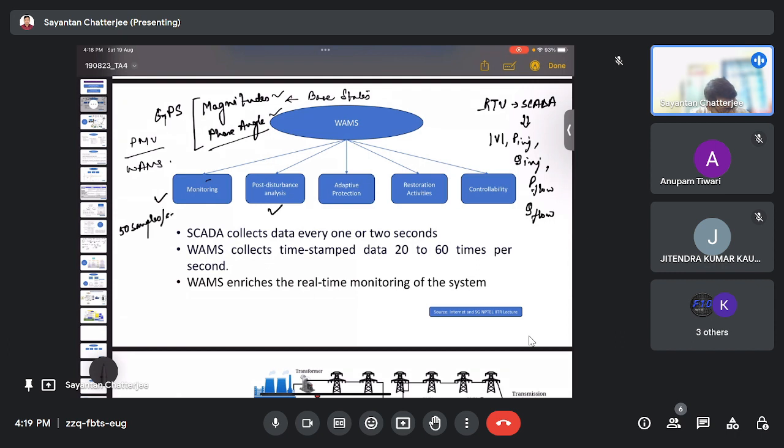Hence we can find out exactly what issues occurred while the operation was on, or when some switching took place. Then we can find out various effects like transient effects.